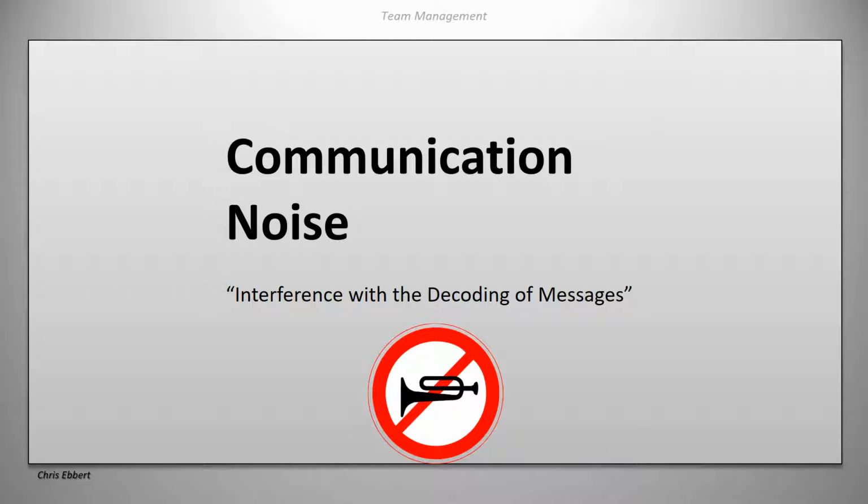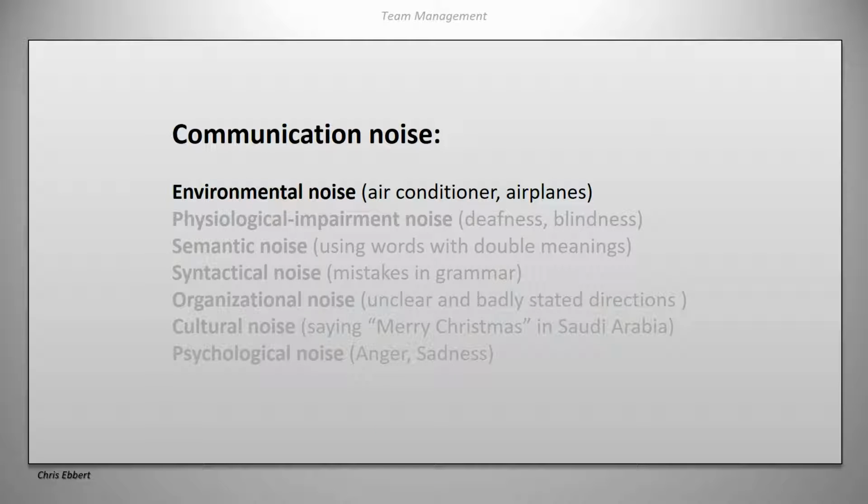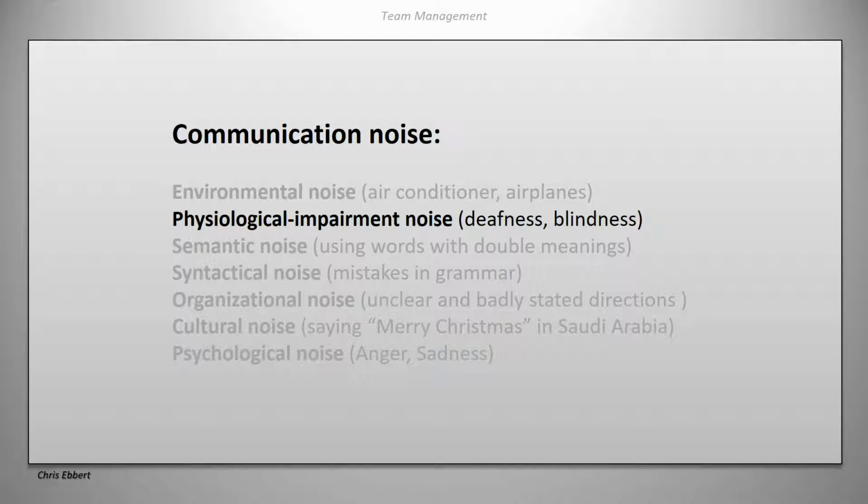You will always have interference called communication noise. And these are the different kinds of communication noise. There may be environmental noise, such as an air conditioner running in the background, drowning out, or airplanes or whatever.